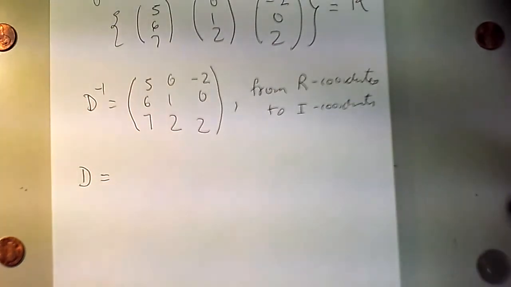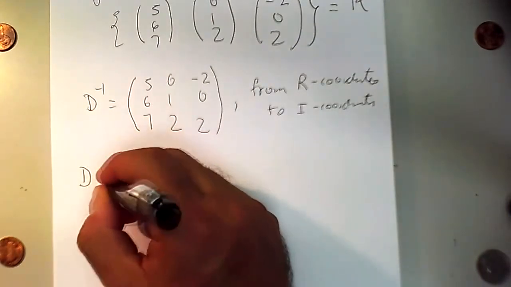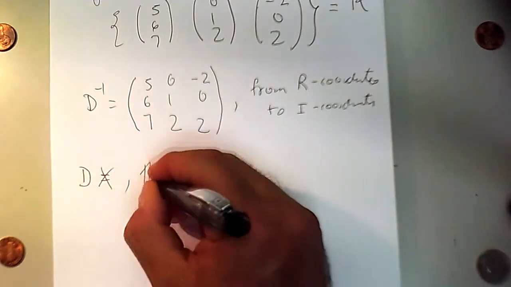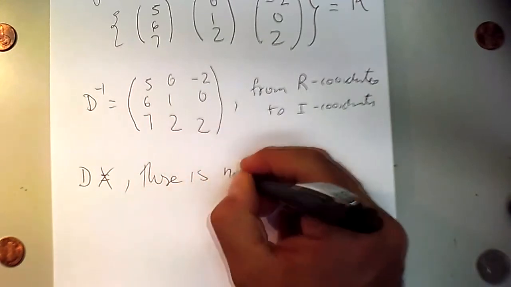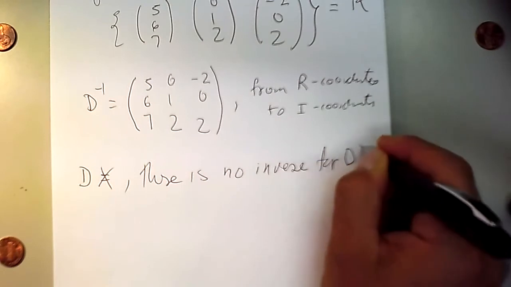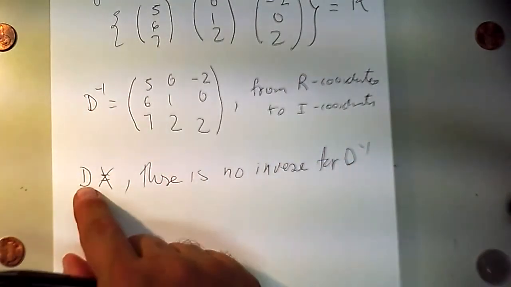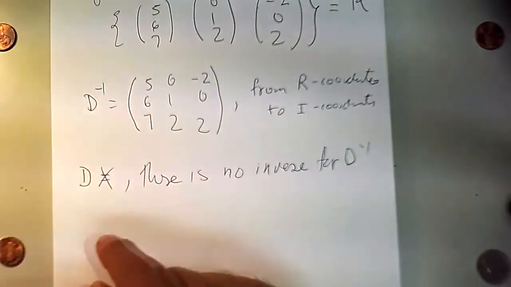We have a problem when we try to find the inverse of this. There is no inverse. I'm labeling this as the inverse, but assuming that there was going to be an inverse of the inverse, but there isn't one.